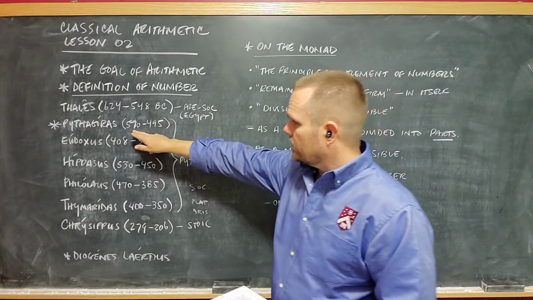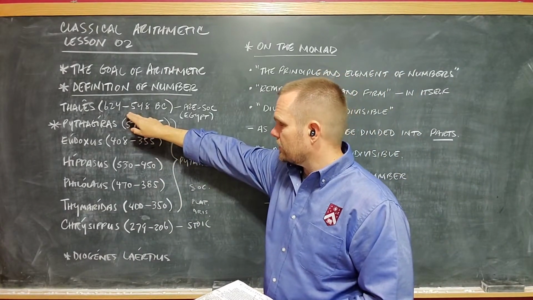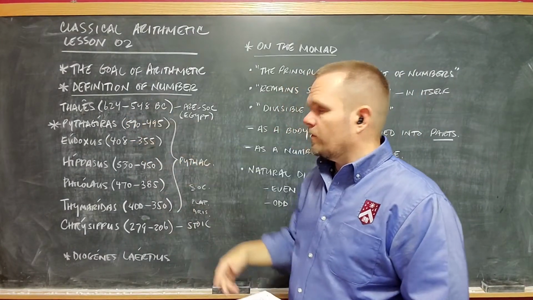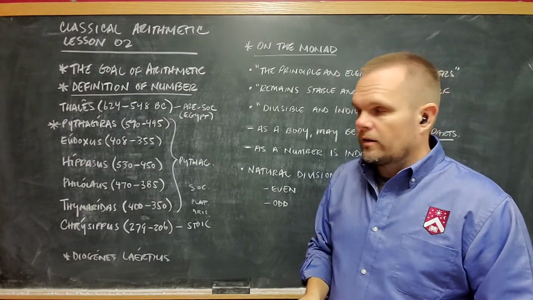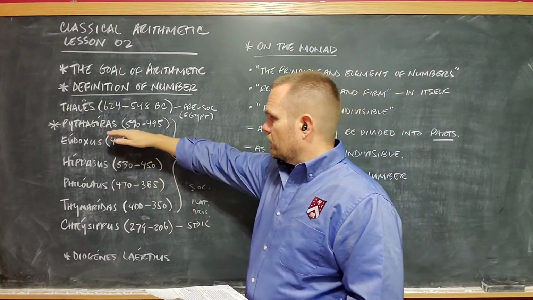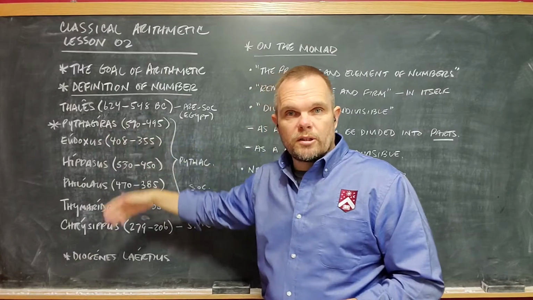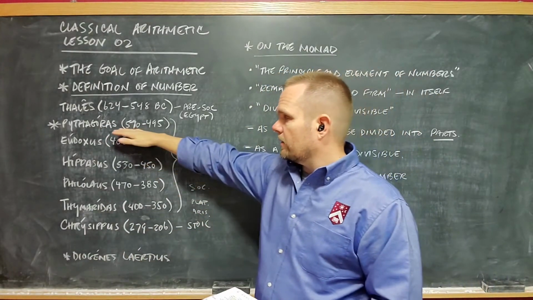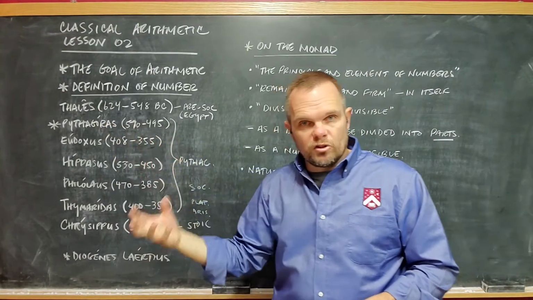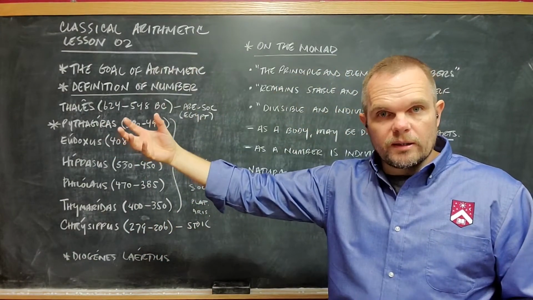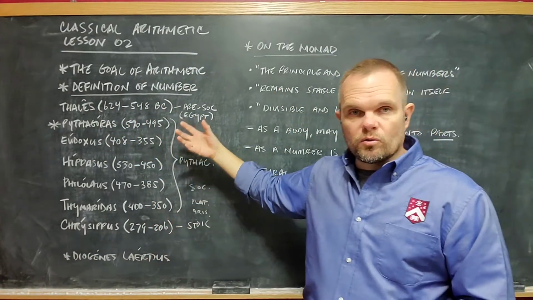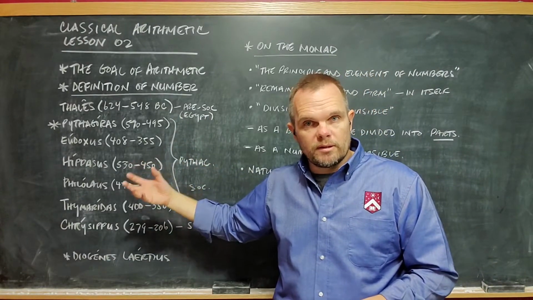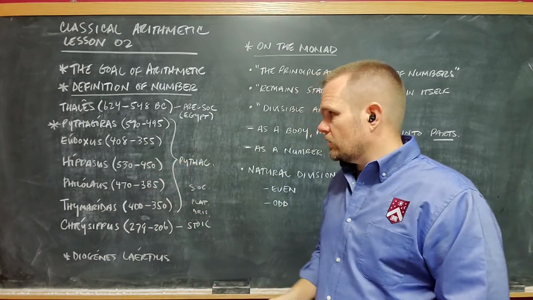So born in the time of Thales and died 50 years after the death of Thales. Pythagoras was also educated at some point in Egypt. So again, we have this connection of the Egyptian, Babylonian, Hebrew, and Greek philosophical traditions in this history.